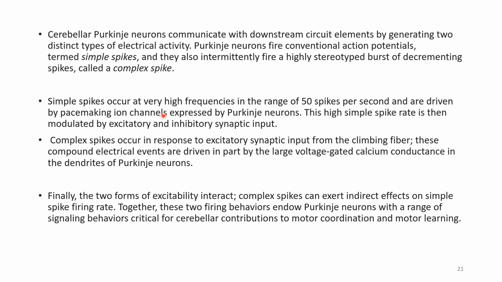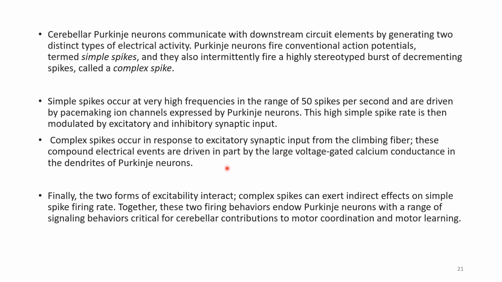Simple spikes occur at very high frequencies, in the range of 50 spikes per second, and are driven by pacemaking ion channels expressed by Purkinje neurons. The high simple spike rate is then modulated by excitatory and inhibitory synaptic input, whereas the complex spikes occur in response to excitatory synaptic input from the climbing fiber.